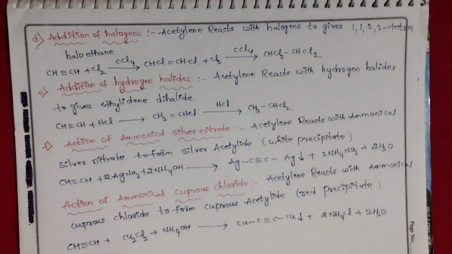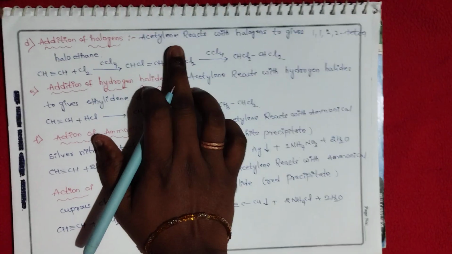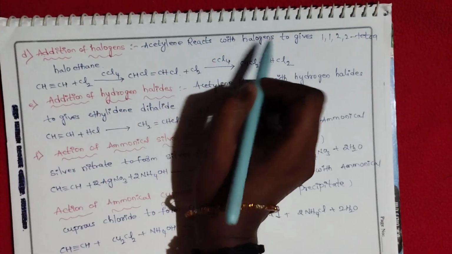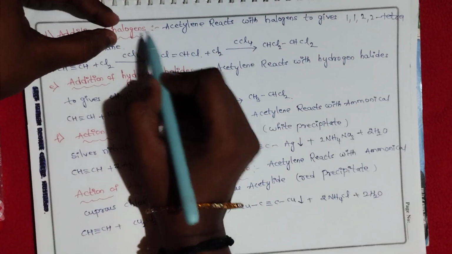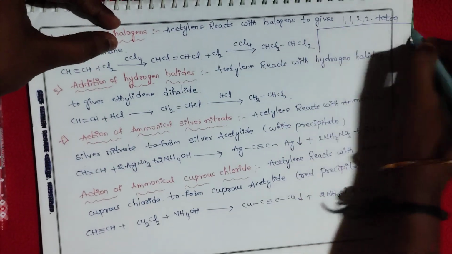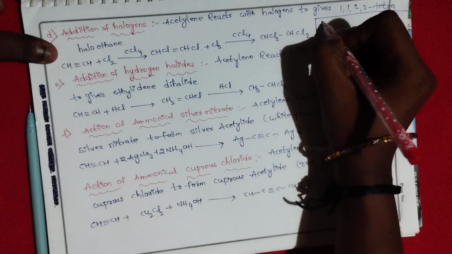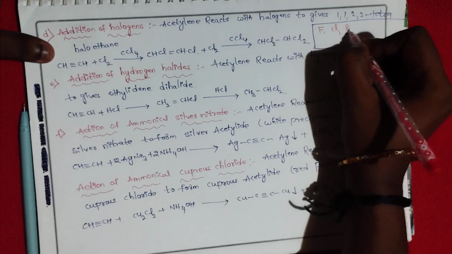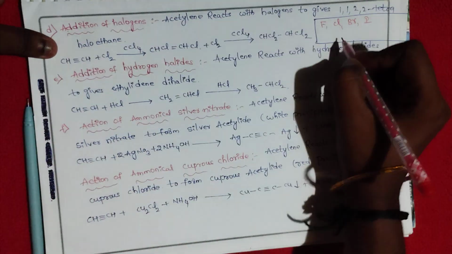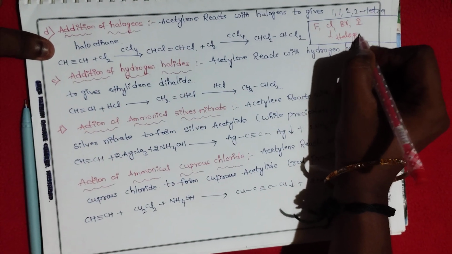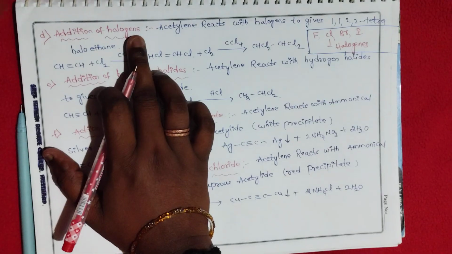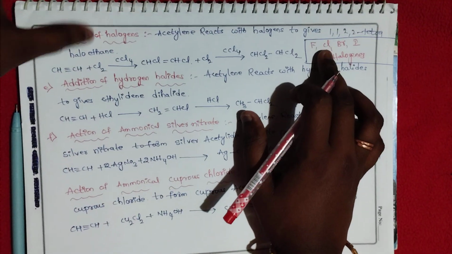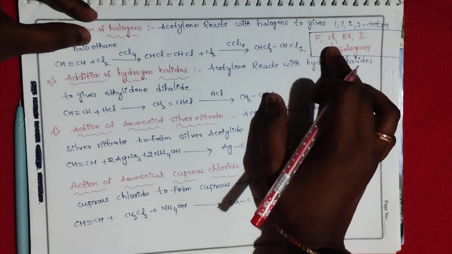What is the next one? Addition of halogens. In the addition of halogens, what reaction do we observe? The same concept, addition is the same. How many types of halogens are present? Fluorine, chlorine, bromine, iodine. These are considered halogens. In that question, no particular halogen is given, so we can take any type of halogen for this reaction.